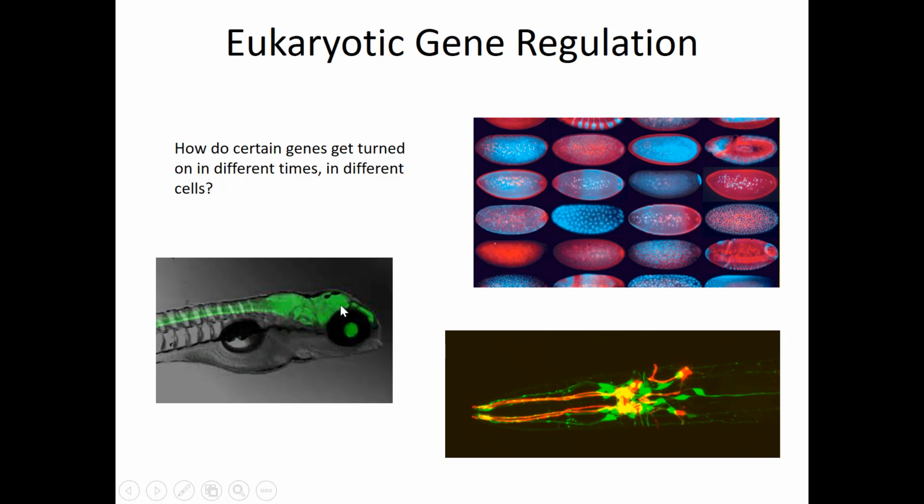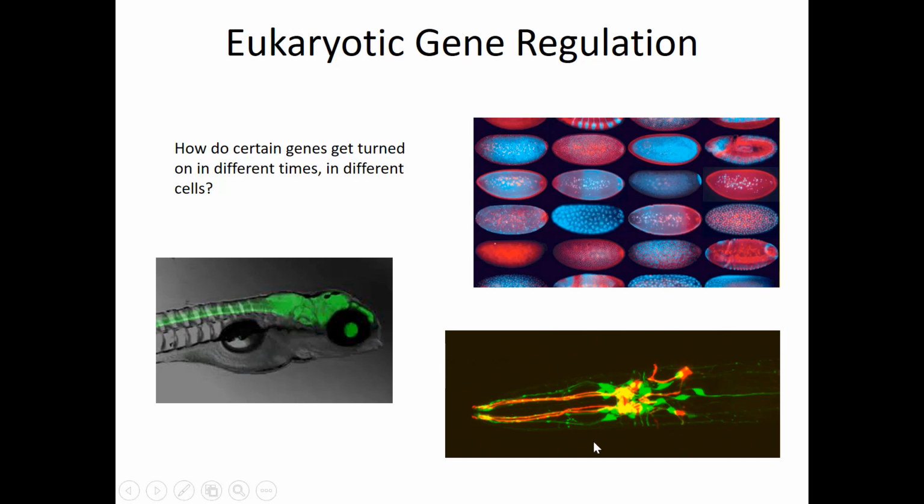And so you can see wherever PAX1, that master control gene, is being expressed, it leads to the expression of this green fluorescent protein. This is something that was added to the zebrafish, is not natural there. So you could see where that Hox gene, the homeobox gene PAX1, is being expressed.